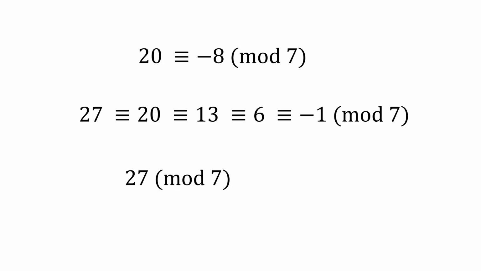So if we treat modulation as an operator, as a function that takes two numbers and gives us one output, then there is only one answer. And this is why we have the restriction that we need a number between 0 and n minus 1. If we are computing 27 modulo 7, then the canonical answer is going to be 6.